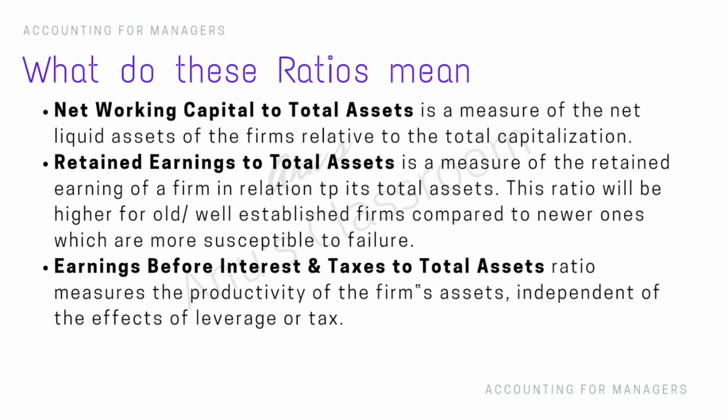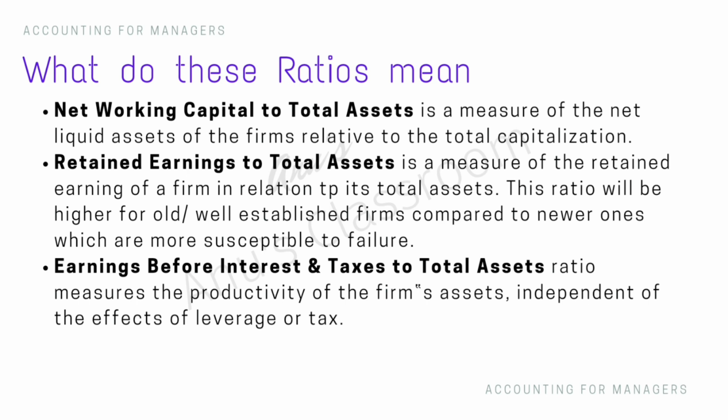So what exactly do these ratios mean? We should know about that. Net working capital to total assets is a measure of the net liquid assets of the firm in relation to the total capitalization. Retained earnings to total assets is a measure of the retained earnings of a firm in relation to its total assets.